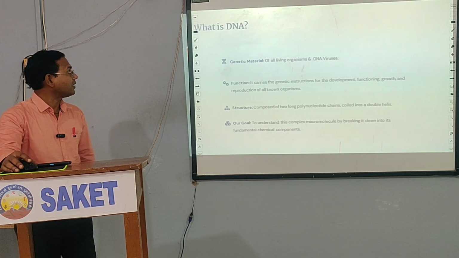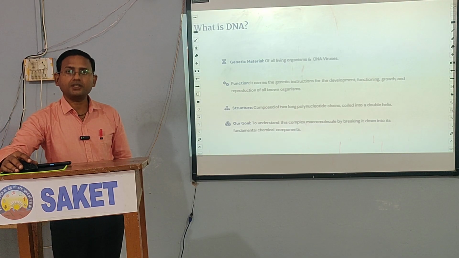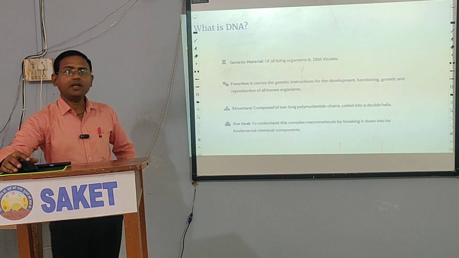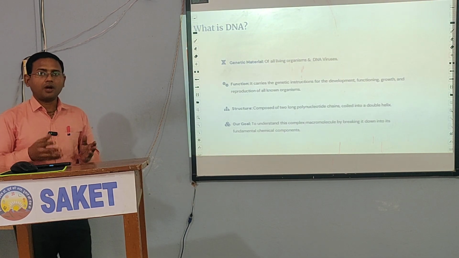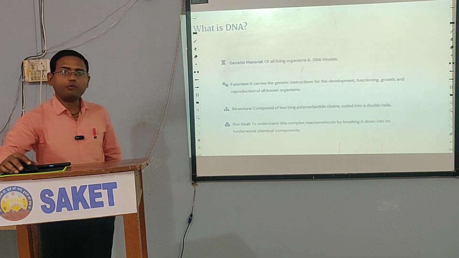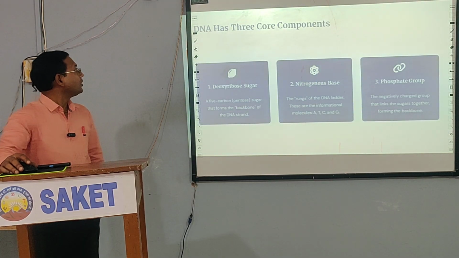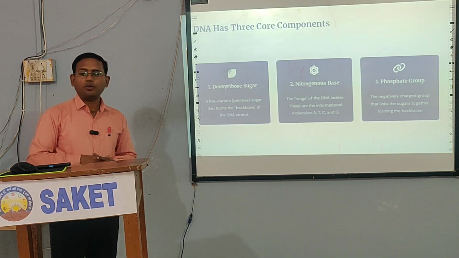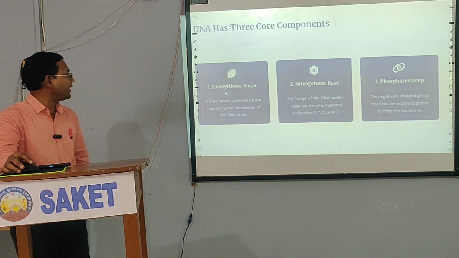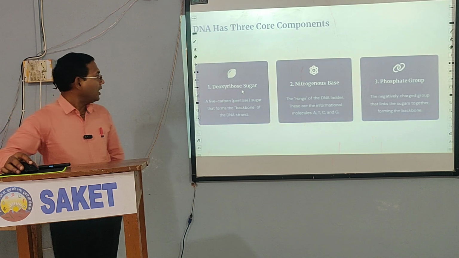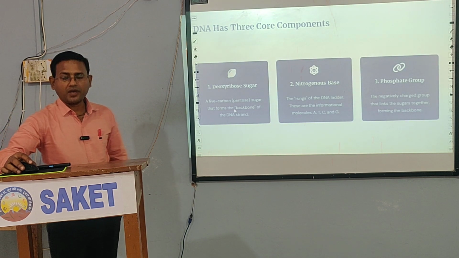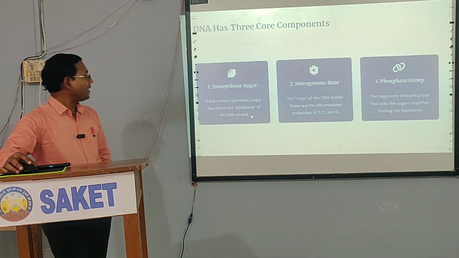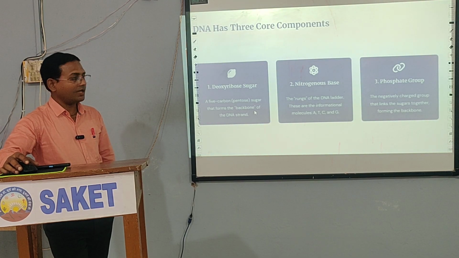In this presentation, we will be seeing the detailed molecular structure of the DNA, what the components are, and how DNA is linked and formed. DNA has three major components. One is the sugar component, present in the form of deoxyribose sugar, a 5-membered carbon ring compound called pentose sugar, and it forms the backbone of the DNA.